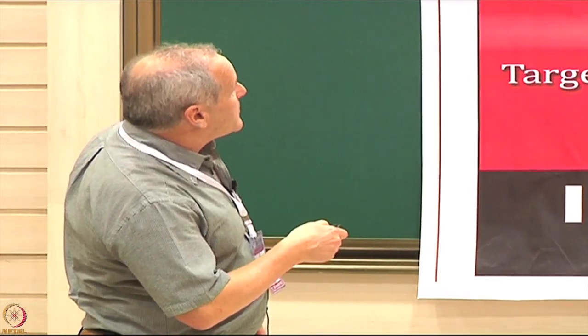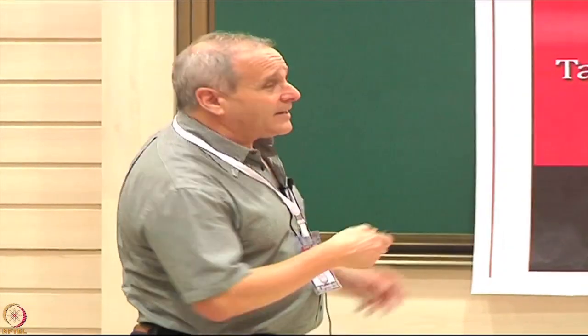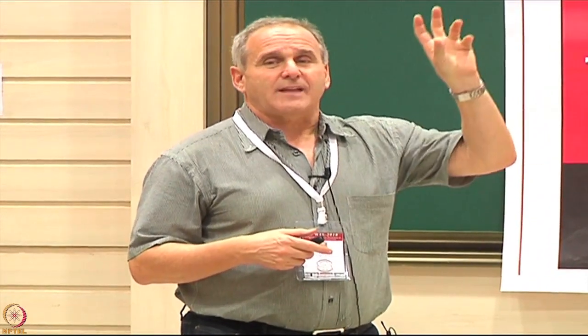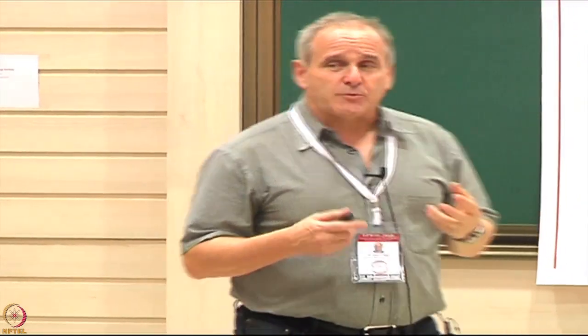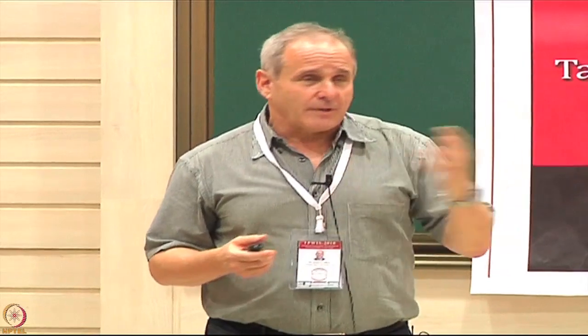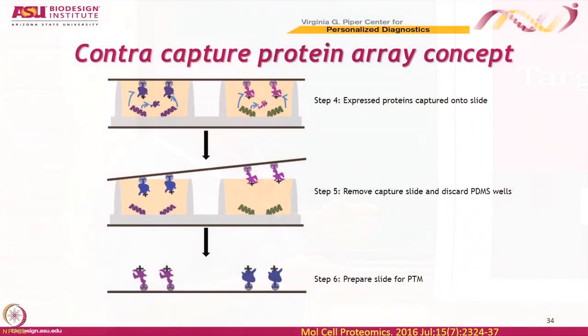So we put the halo ligand on this glass slide, and the proteins that we're producing have the HaloTag. When they see the glass slide, they form a covalent attachment to the glass slide. What we like about a covalent attachment, of course, is it's much more permanent. You can wash it really hard, and it'll stay stuck. All right, so then we express the protein.